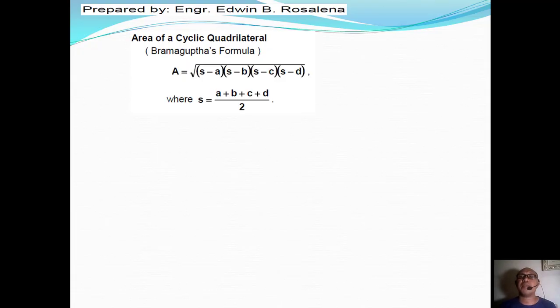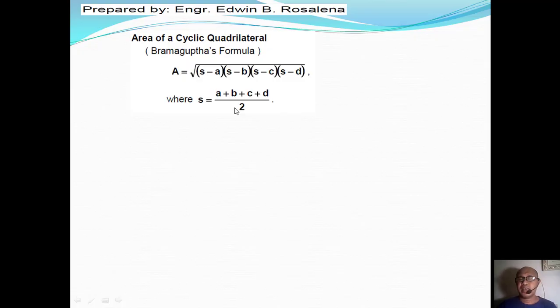So if we divide the quadrilateral into two triangles, then the area of the quadrilateral is equal to the sum of the areas of the two triangles. Okay, so that means it is your strategy how to obtain the correct answer for the question. But if in case you are given the four sides only, so I think this is the best way to answer it.